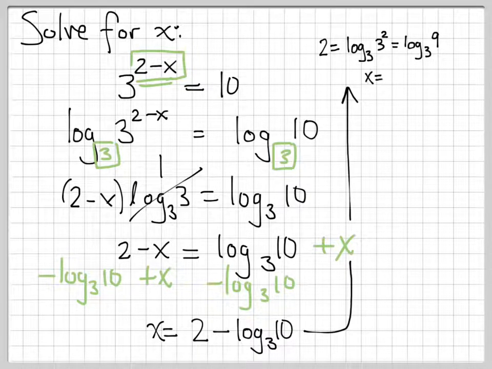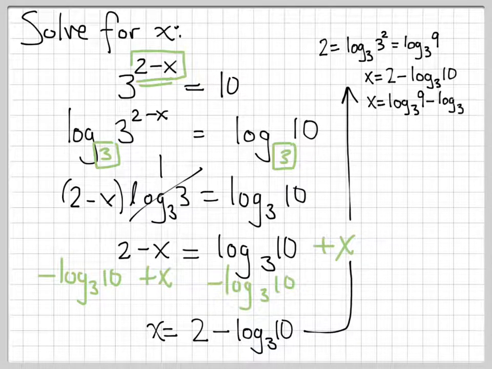And so if x equals 2 minus log 3 of 10, then x equals log 3 of 9 minus log 3 of 10. And since we're subtracting two logs with the same base, we can just write it as log 3 of 9 divided by 10. And so one way you can make your answers look nicer is by changing your numbers also into logs so they can all be combined together.